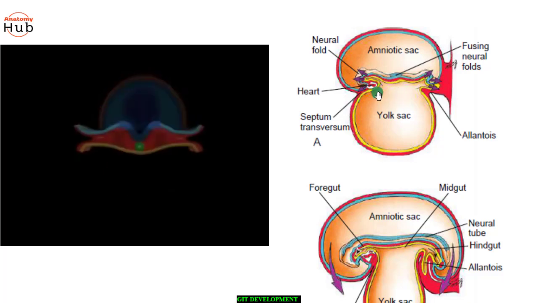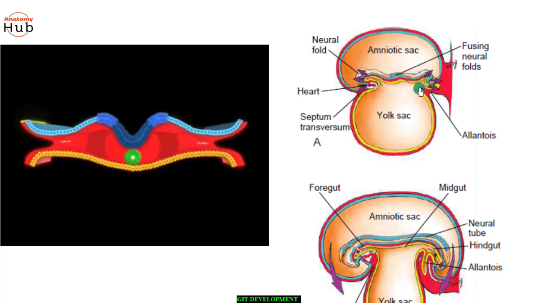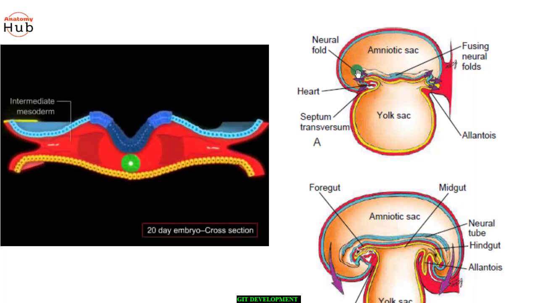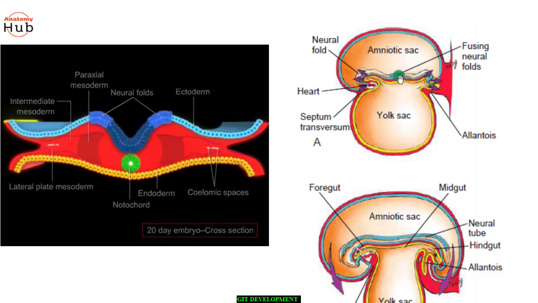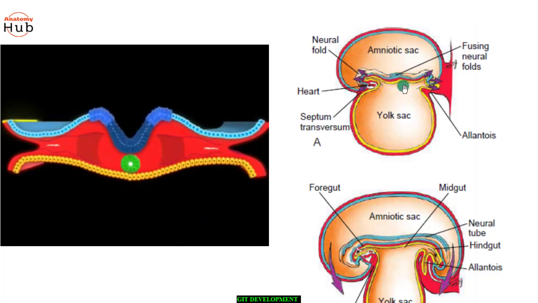The expanding disc balloons into a three-dimensional, somewhat cylindrical shape, and the developing notochord, neural tube, and somites stiffen the dorsal axis of the embryo.